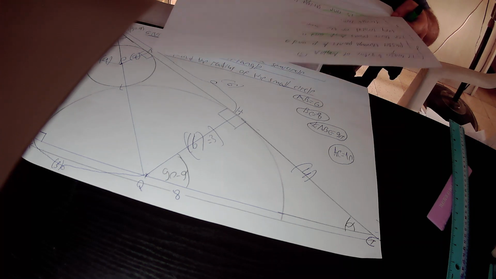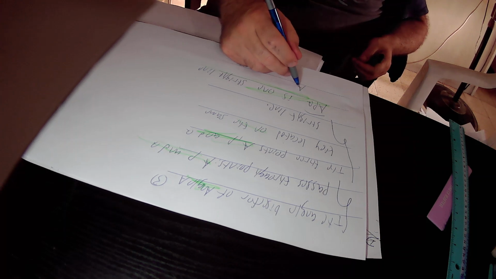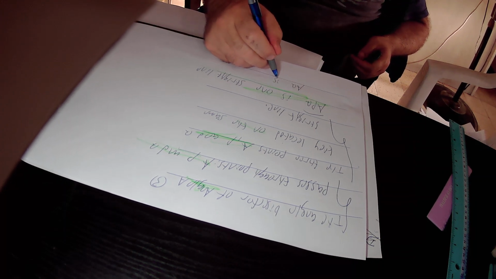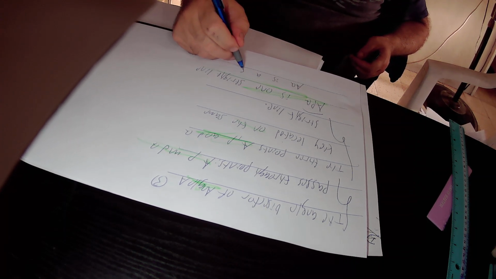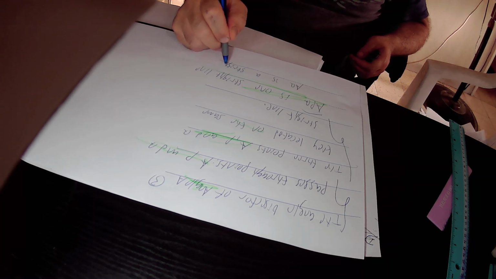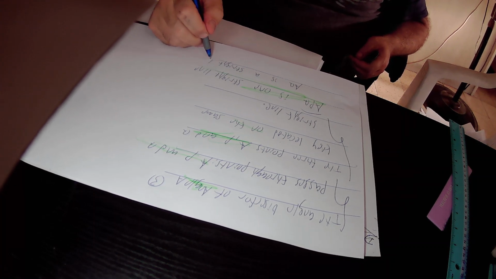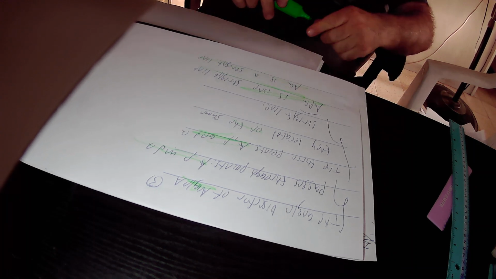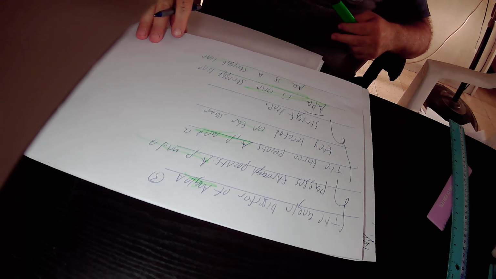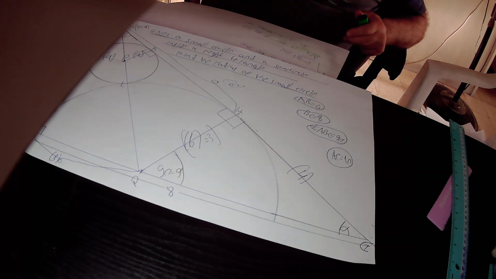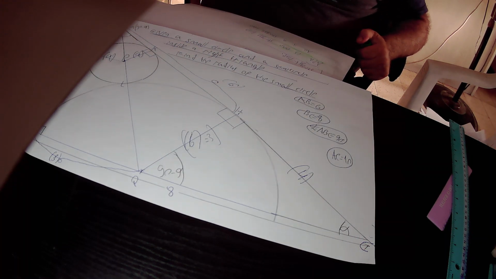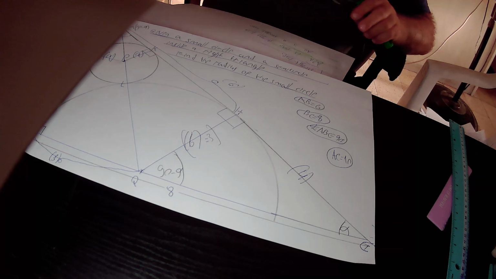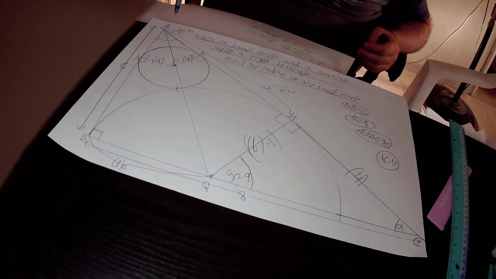So I write it now. AQ is a straight line. And if AQ is a straight line, it means that angle ABQ is a right angle.